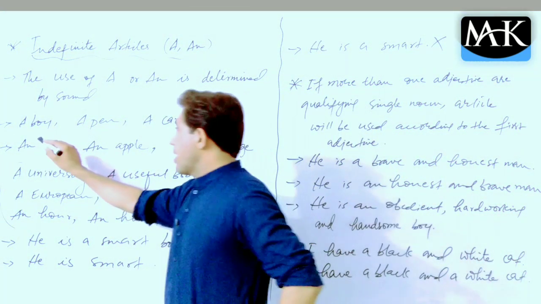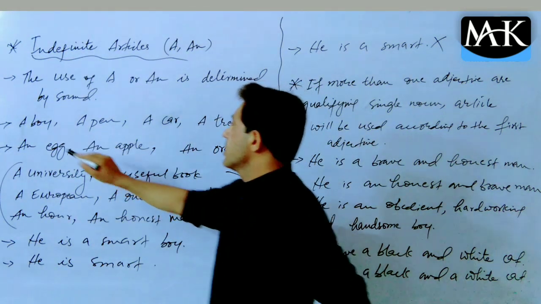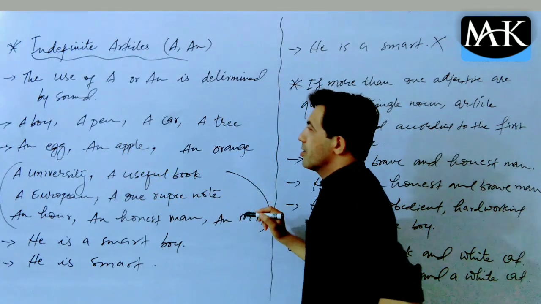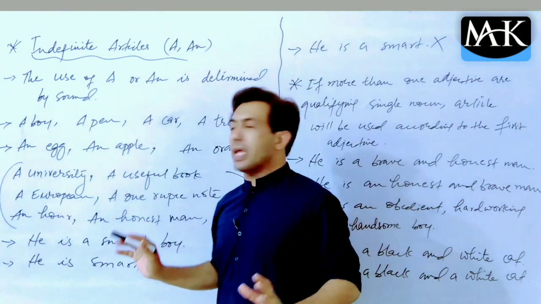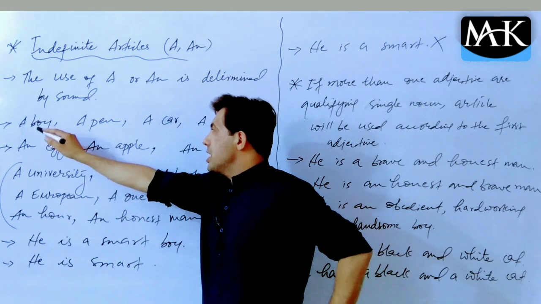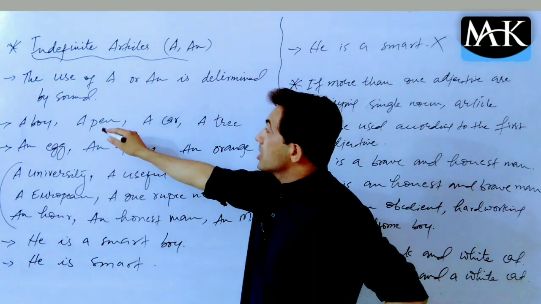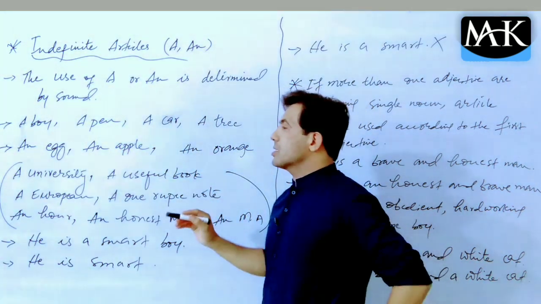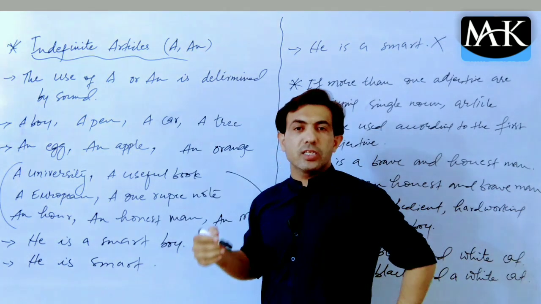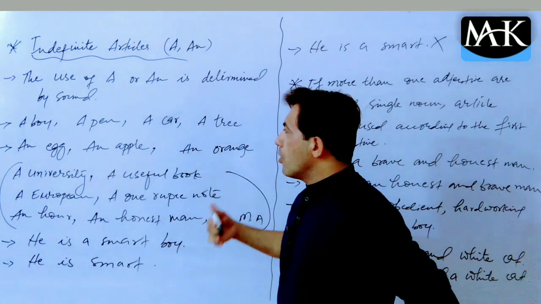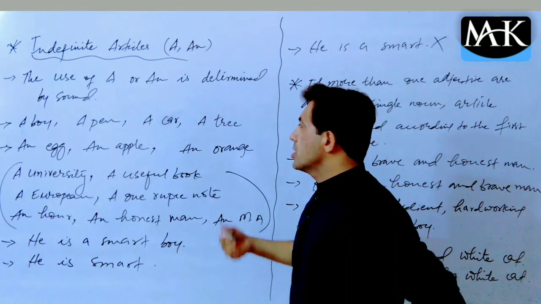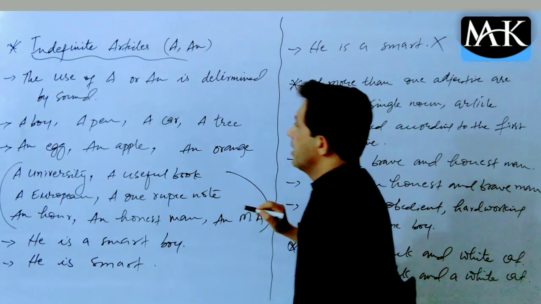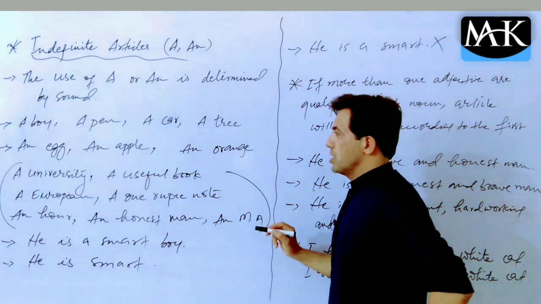Here I have some examples. A boy, a pen, a car, a tree, right? Now don't look at whether B is a consonant, or P in pen, or C and T. We must look at the sound, how the noun starts. A boy, a pen, a car, a tree, there's the sound of a consonant, right?